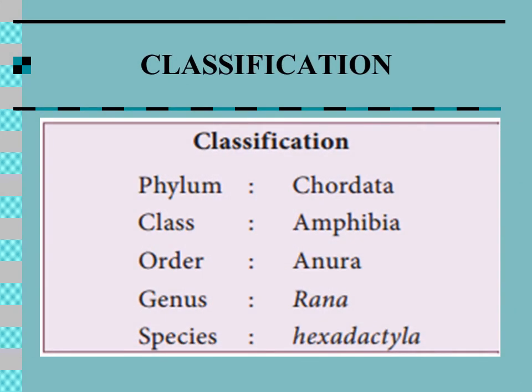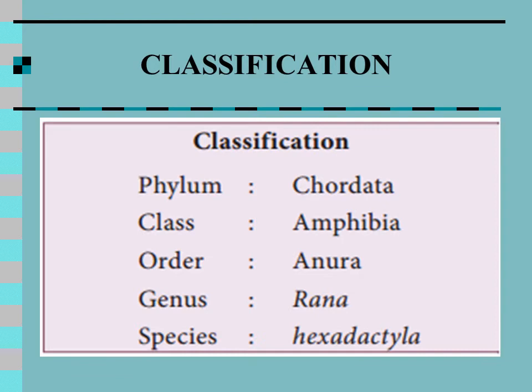This is regarding the classification of frog. Let us see the scientific classification of the frog, and what phylum, class, etc. it belongs to. This frog belongs to the phylum Chordata because it is a vertebrate. It belongs to the class Amphibia; it lives in water as well as on land.